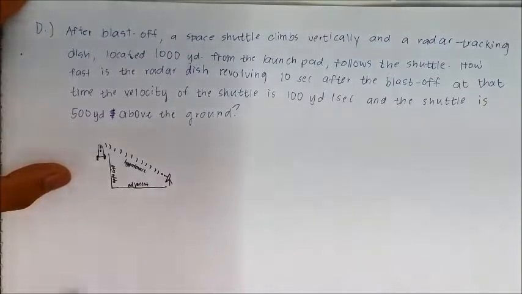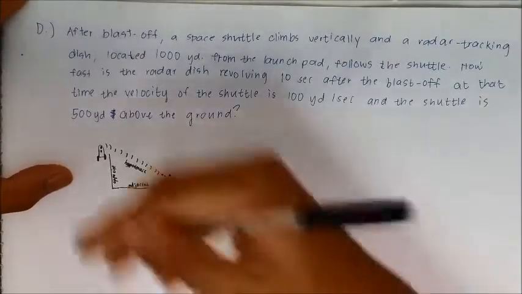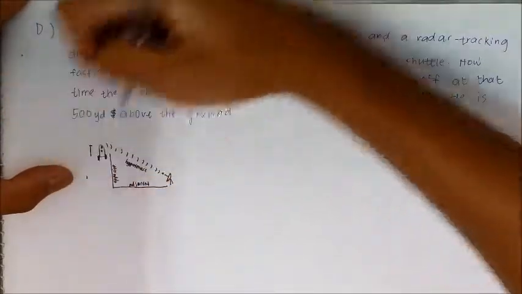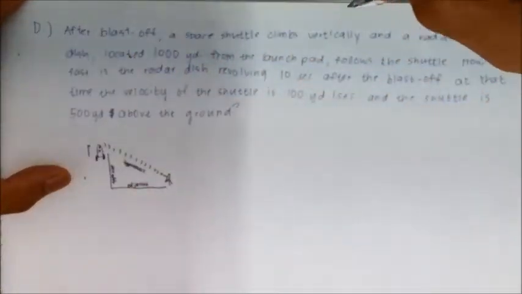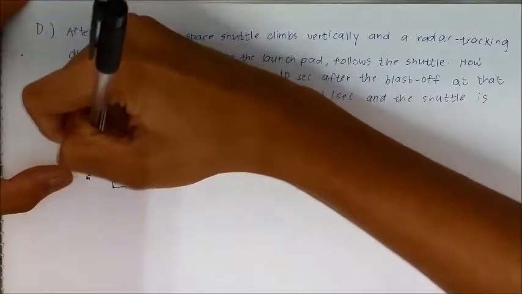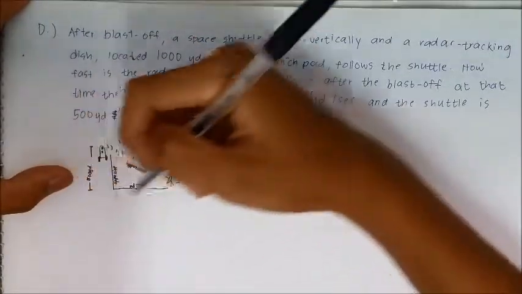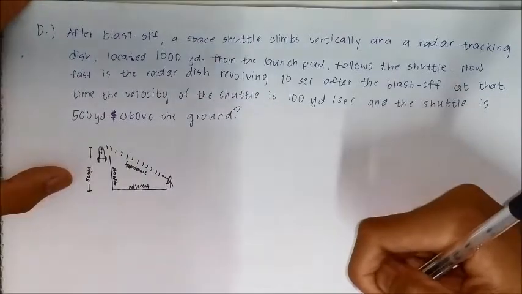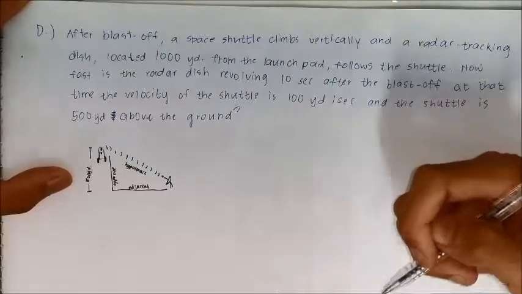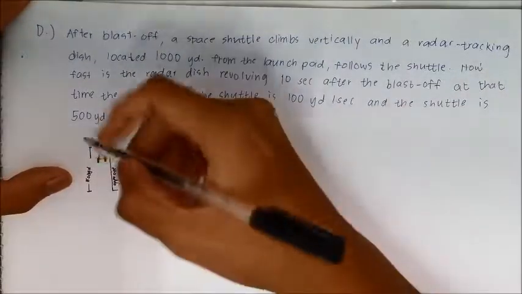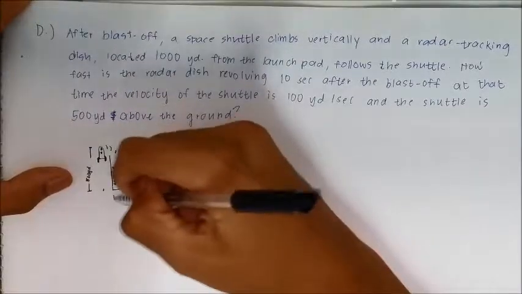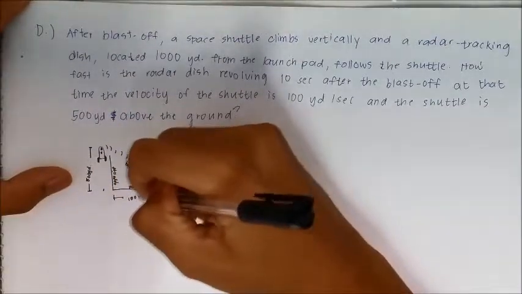Okay, so it's given that the opposite, or the space shuttle, is 500 yards above the ground. It also says that the radar tracking dish is 1,000 yards away from the space shuttle, so the adjacent is 1,000 yards.